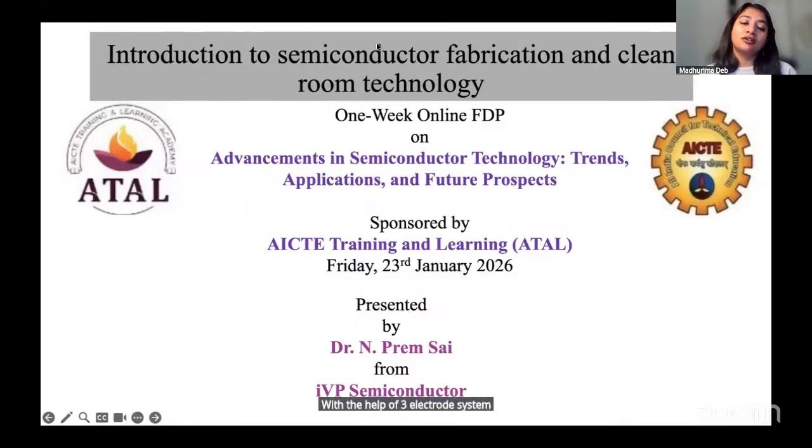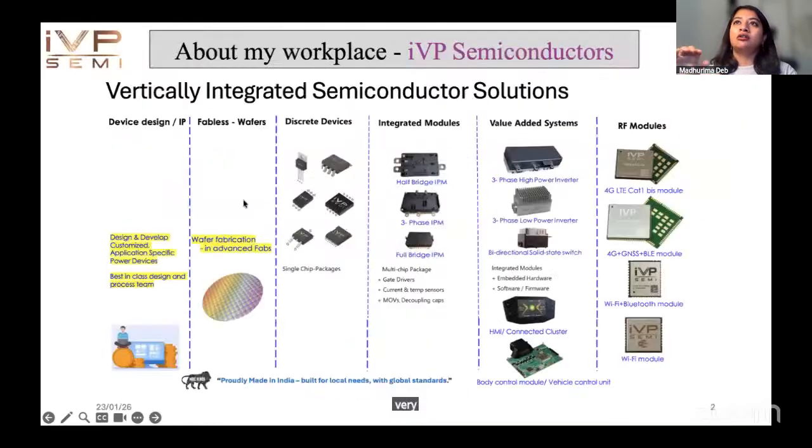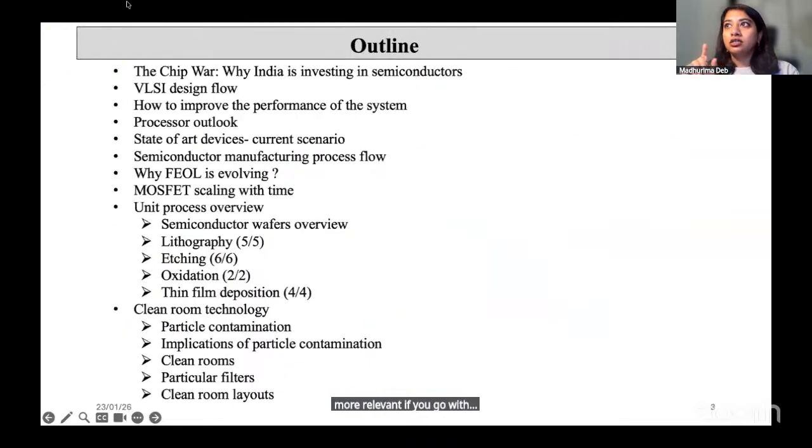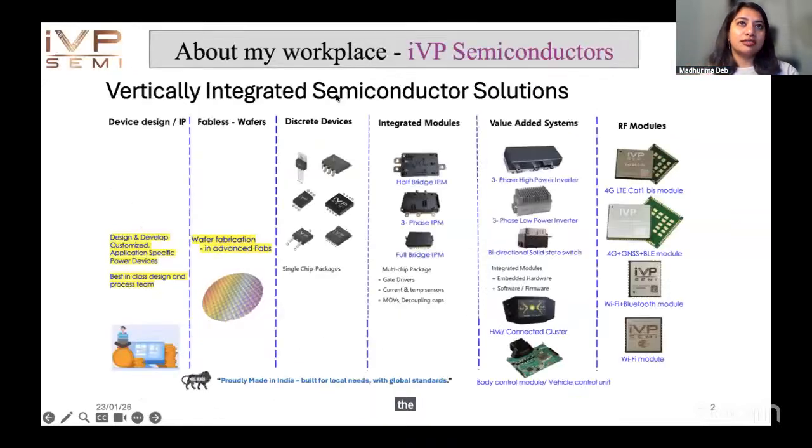Three electrode systems are now also being very well fabricated on PCBs and similar substrates, so in today's world it is more relevant to go with the three electrode system because it is more responsive.